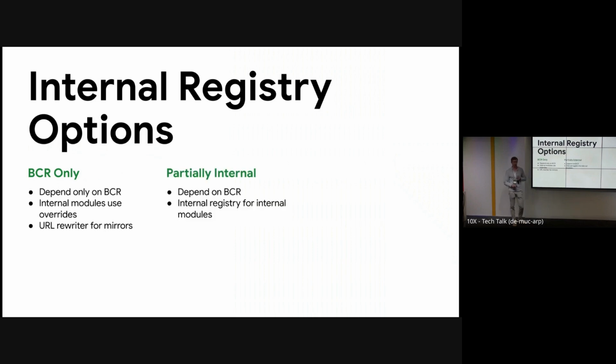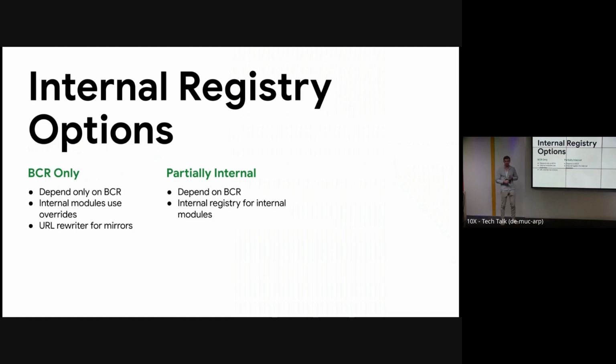The next option is a partially internal registry. This is where you have your internal rule sets or things that you depend on internally that are versioned in your internal registry, but then you still depend on the BCR for all of the open source stuff like Rules Go and Rules Python.